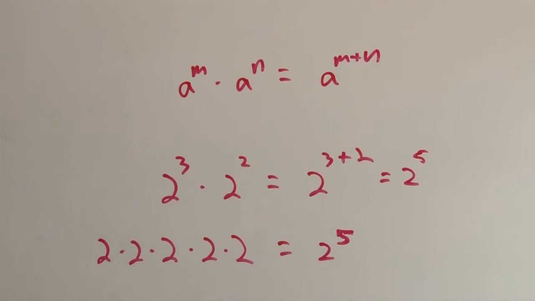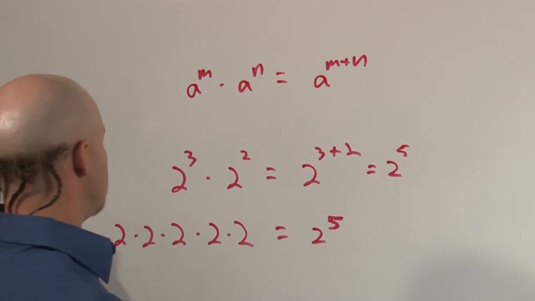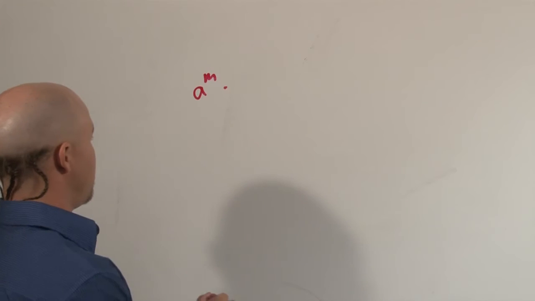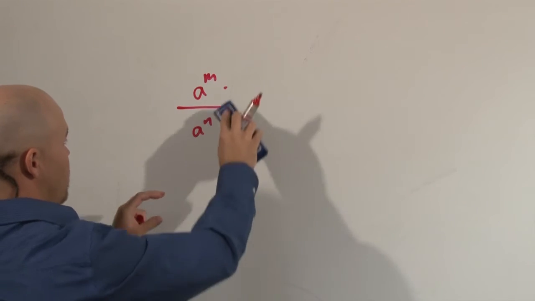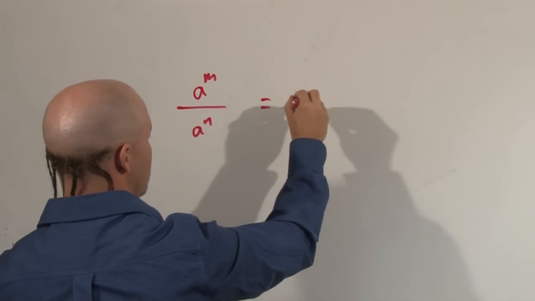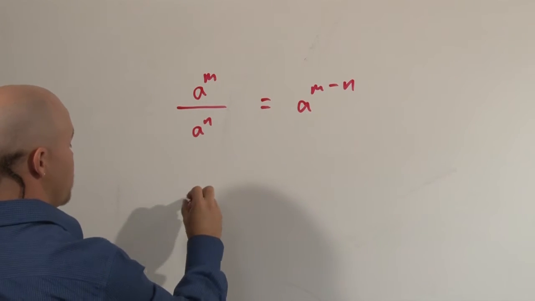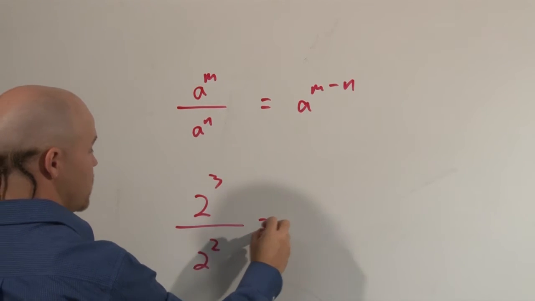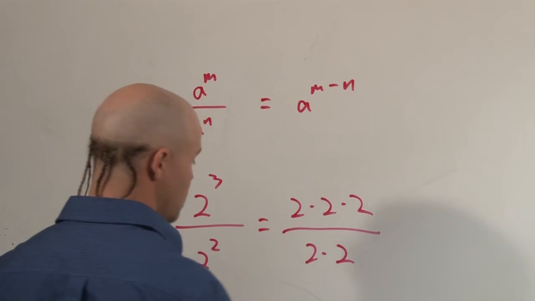The same applies really for the quotient rule for exponents. Almost the same property here, except now we're going to say it's a to the m divided by a to the n. And this is going to equal a to the m minus n, since if we have a 2 to the third over, let's say, a 2 squared, this would equal 2 times 2 times 2 over 2 times 2.